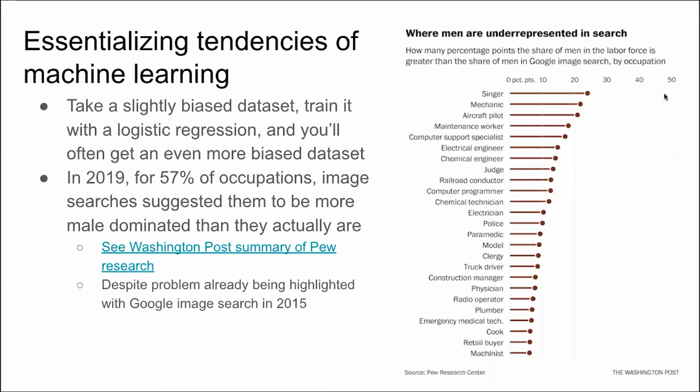What they found was Google image search seemed to heighten the disparity between representativeness of men and women. That is, whatever the disparity might be in the underlying profession, Google image search and whatever machine learning algorithm is powering it heightened that disparity.